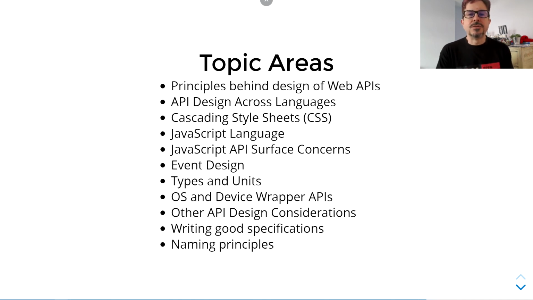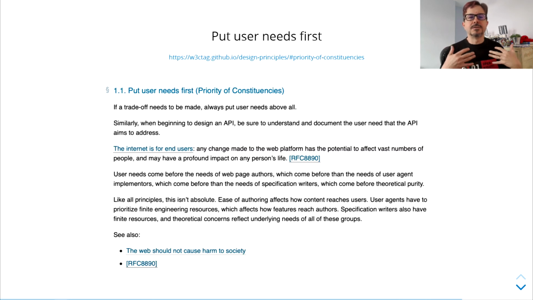I wanted to highlight two key design principles. One of which is putting user needs first. And again, I talked a little bit about user needs and how important they are from a design perspective. And this is something that we've really brought in from the HTML design principles, which is now really informing all of our thinking around how we think about design principles for the web.